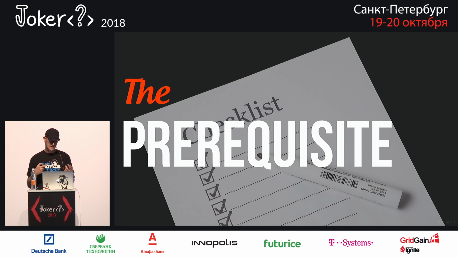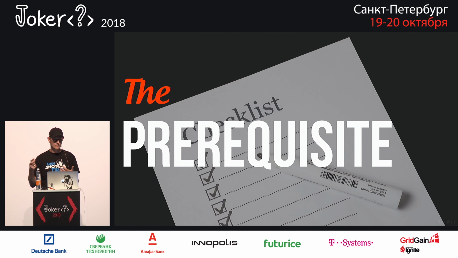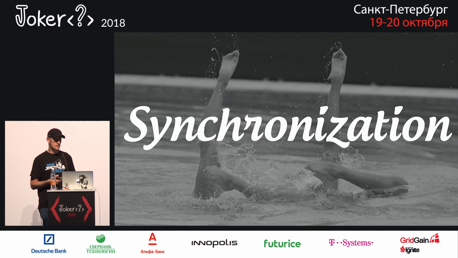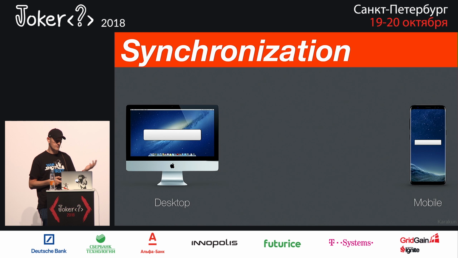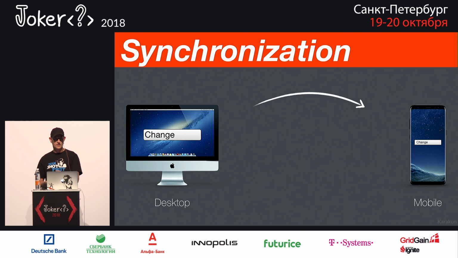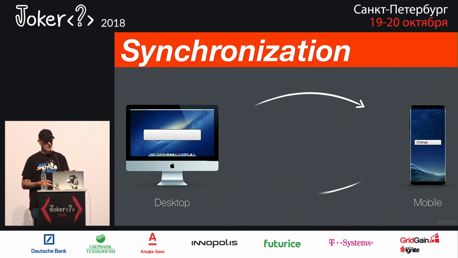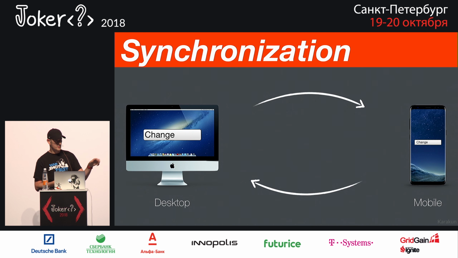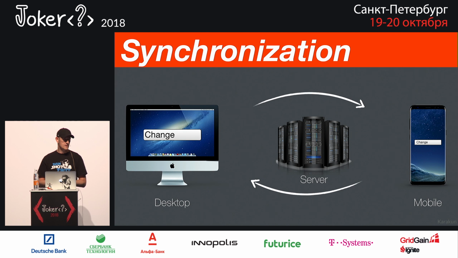There's one thing, if we use two devices like a mobile phone and a desktop computer, is we have to do synchronization. Somehow we have to synchronize the data from one device to the other one, right? So we have a desktop computer. If we type in something on the desktop, it should appear on the mobile phone. And the way around, so if we type something on the mobile phone, it should be on the desktop. So the well-known solution to that is you need some server technology.